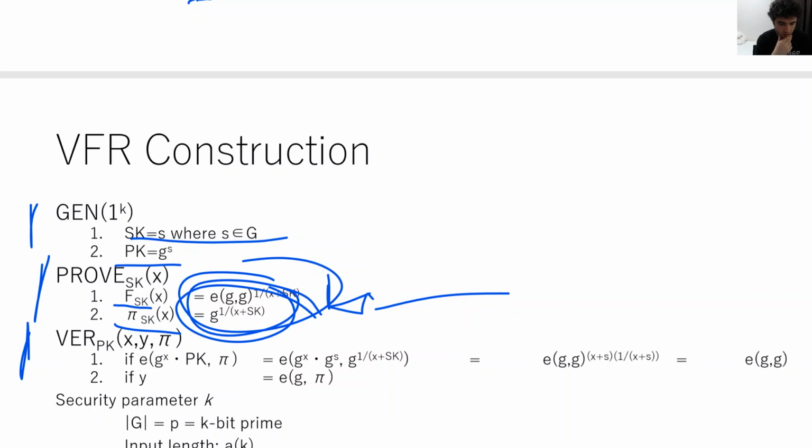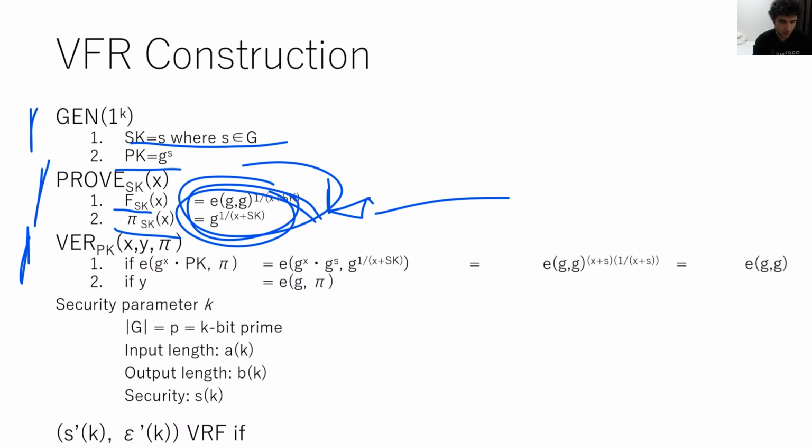So that's how we pick these. And now that we have these two outputs, our verify function checks if e(g^x times your public key, along with the proof pi) is equal to e(g, g).